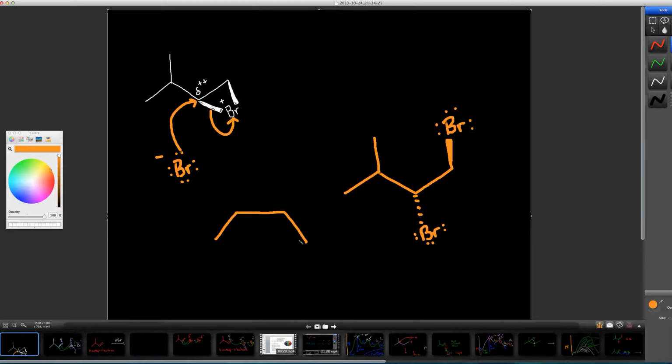If we look at a Haworth projection, where it is ring-like, then we would see one bromine going above the plane and one bromine going below the plane. This is another way of thinking about anti-addition.